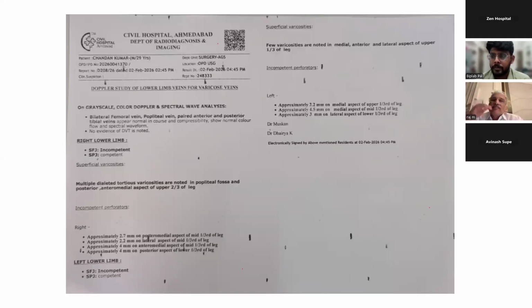Dr. Supe, previously they used to put multiple small incisions and remove those segments outside the fascia, right? Yes, madam. Generally, if the refluxing tributary is larger than 5 millimeters in diameter, closing it with sclerotherapy can cause some trouble unless you give good compression locally and the patient continues to use compression appropriately, because it's a large vein.